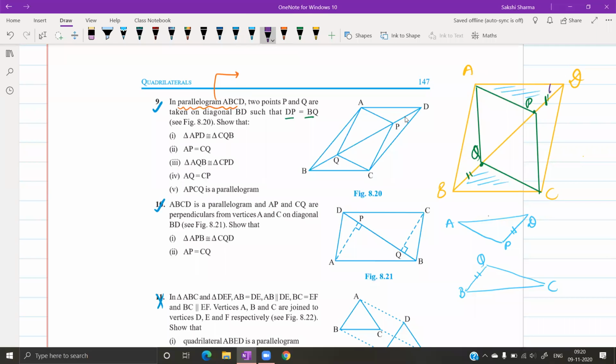So this angle over here, let's mark this as 1. This angle is angle number 1. And this angle will be equal to the angle over here. The reason being the opposite sides of a parallelogram are parallel. Angle 1 and angle 2 are a pair of alternate interior angles.